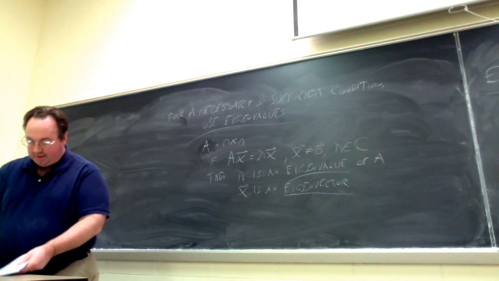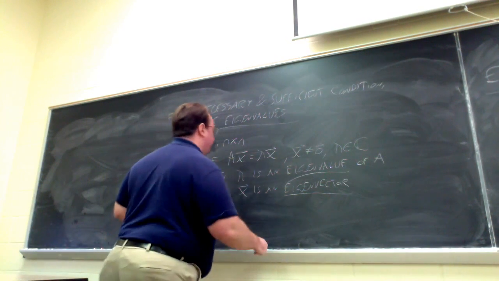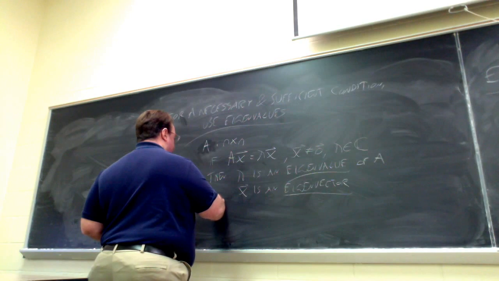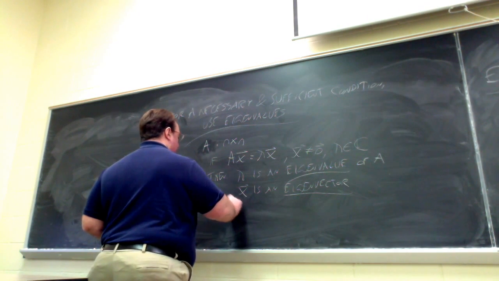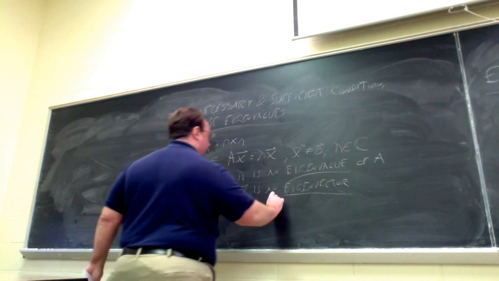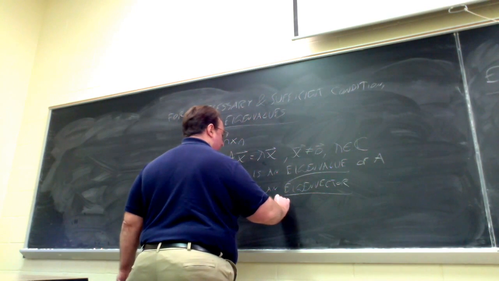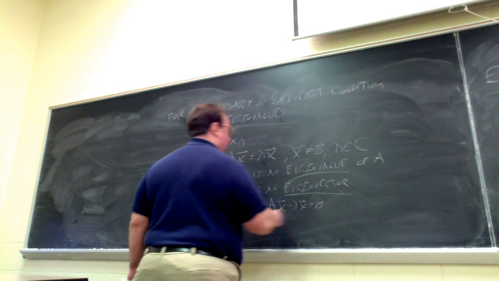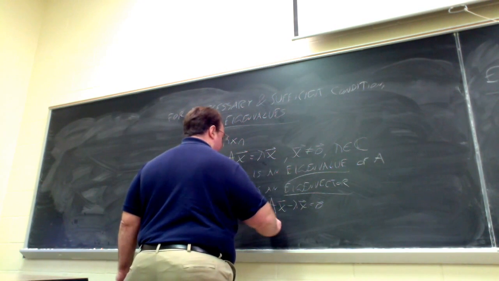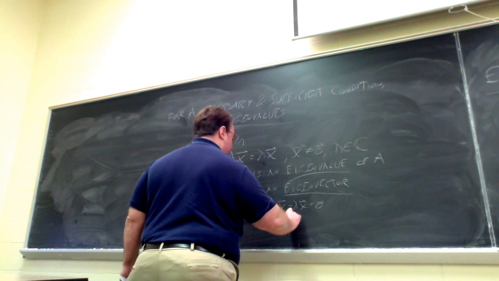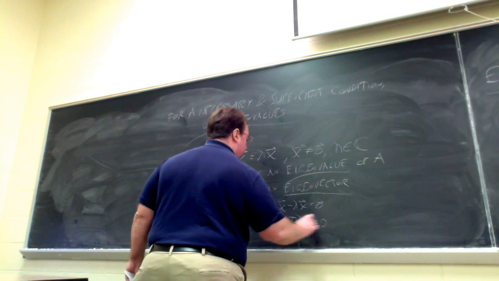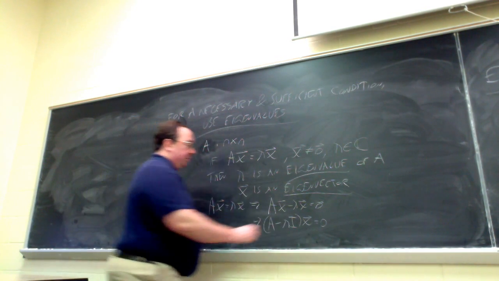Now, if I take this equation and rearrange it, so I just put everything on the one side, Ax minus lambda x is 0. But now I go ahead and factor out an x on the right side. And I get (A minus lambda I, identity) times x is the 0 vector.